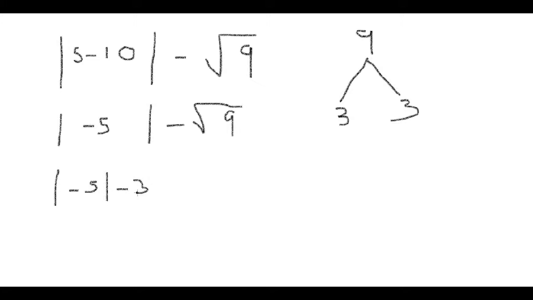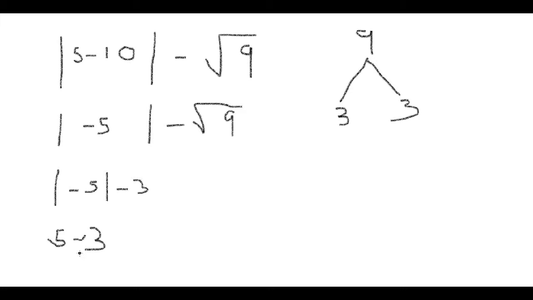So what's the square root of 9? 9 can be broken down into 3 and 3. So let's rewrite the problem. We have the absolute value of negative 5, minus 3. So what do these brackets mean? These brackets mean absolute value.